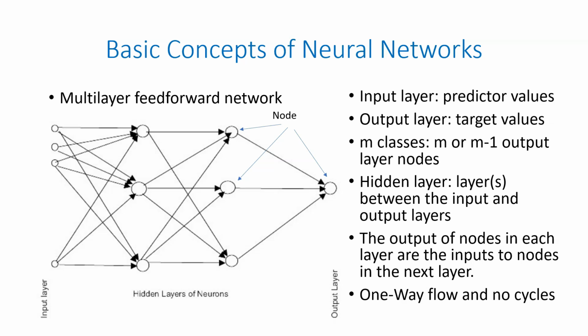Now let's talk about the architecture of neural networks. It is important to know the terminology associated with the architecture so that we can discuss it clearly. The diagram in this slide shows what is called a multi-layer feed-forward network.